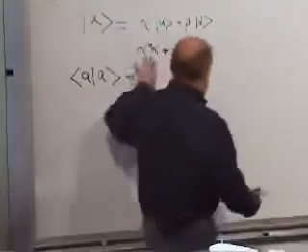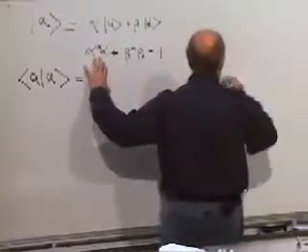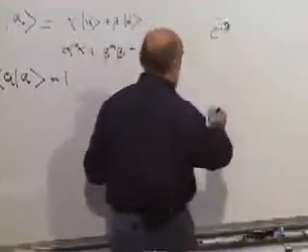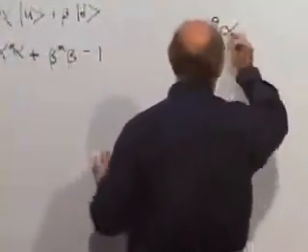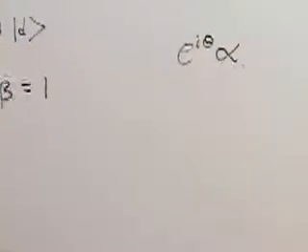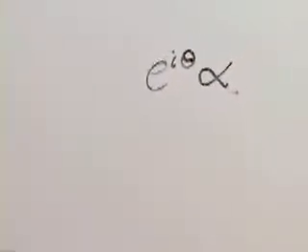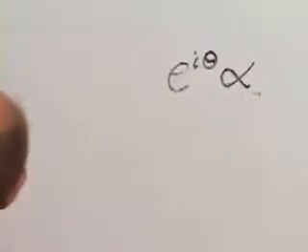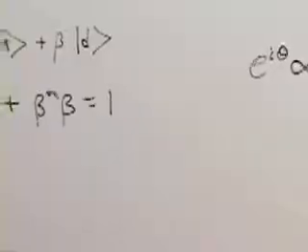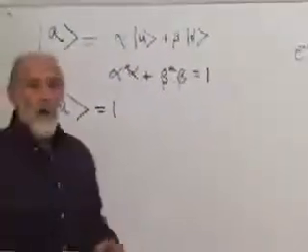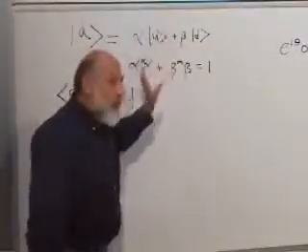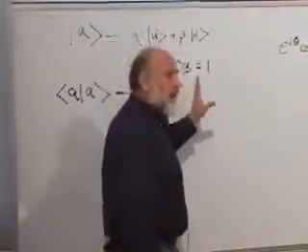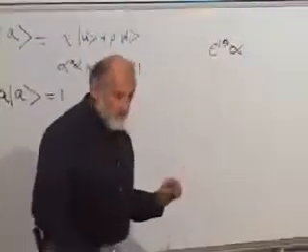If I take a complex number and multiply it by e to the i theta, where theta is any angle, I get a new number whose magnitude, whose alpha star alpha, is exactly the same as the original starting number. And so knowing the probabilities is not enough to completely determine what these coefficients are. So there's more information in these coefficients than just the probabilities, and we're going to find out what that additional information is.